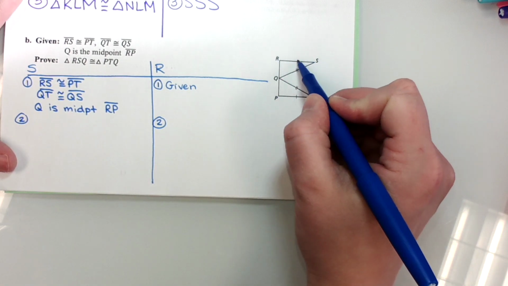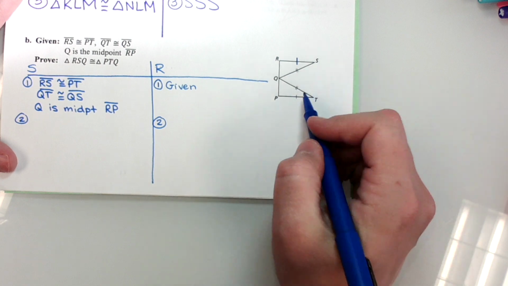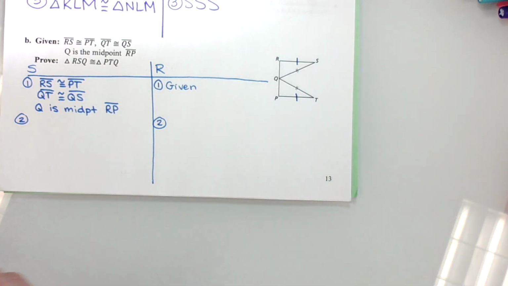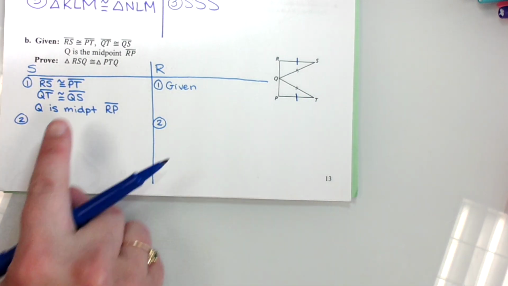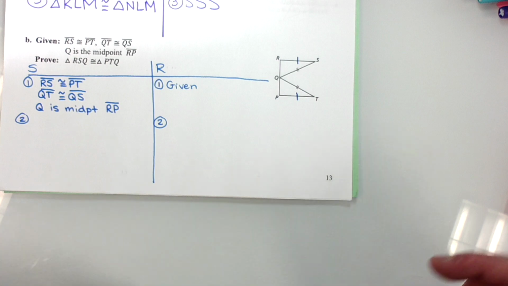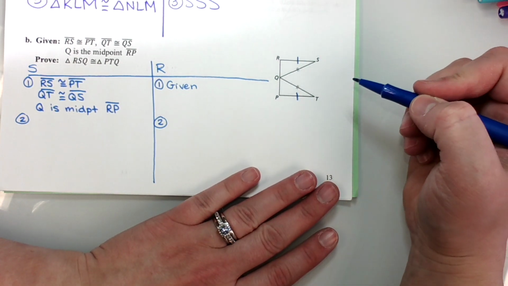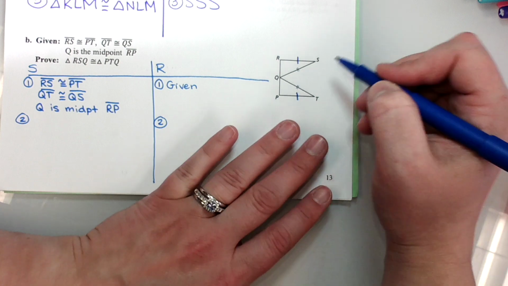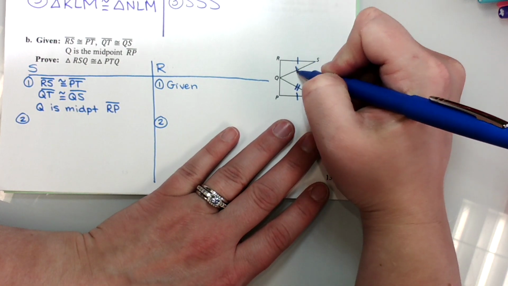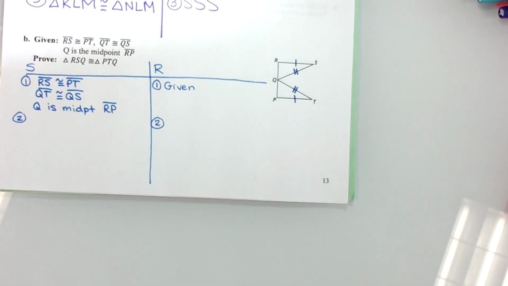RS, got a single tick mark. PT, got a single tick mark. Yeah. Jackson, what about QT and ST? Or sorry, QS. I said it wrong. Sweet. If they don't have them, put them on there. It's going to help with certain things as we move forward.